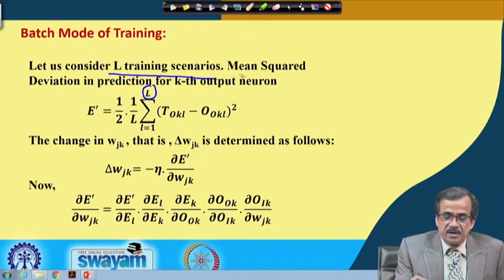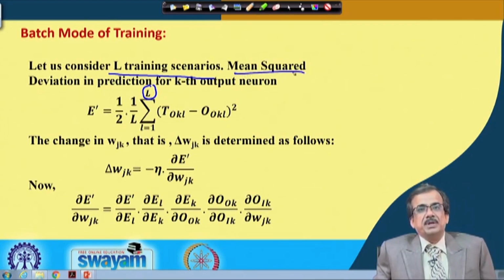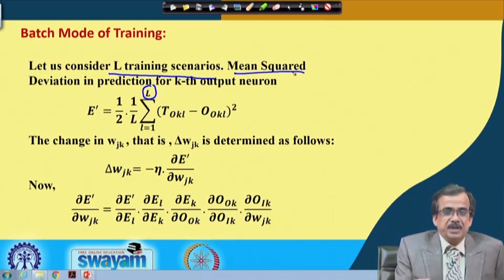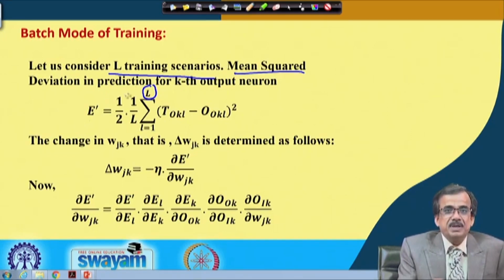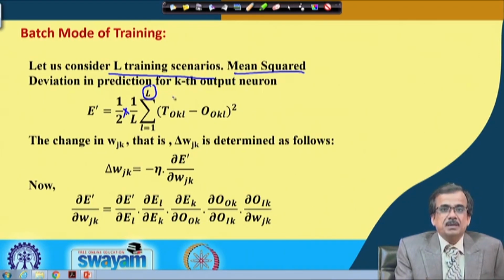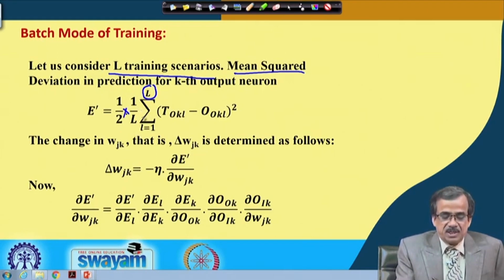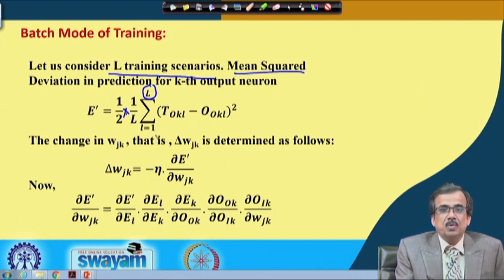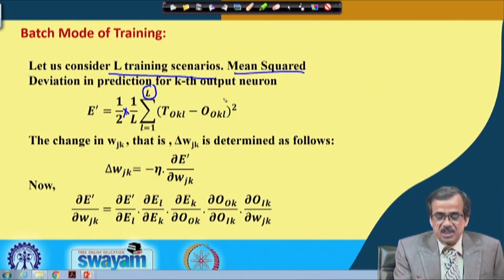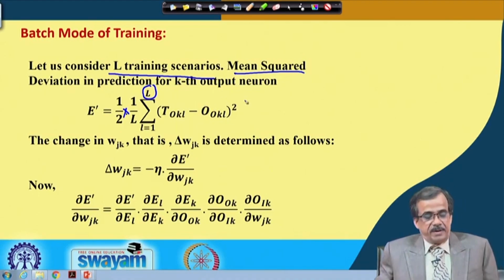So, the mean squared deviation in prediction for the kth output neuron can be written as E prime is half multiplied by 1 by L, and here we will have to consider the summation over L equals 1 to capital L of (T_OK^L minus O_OK^L) whole square.